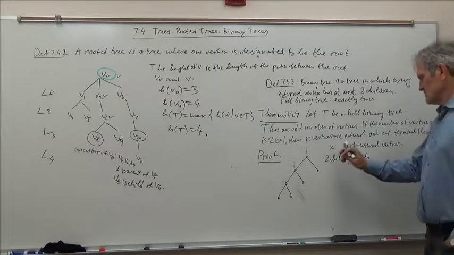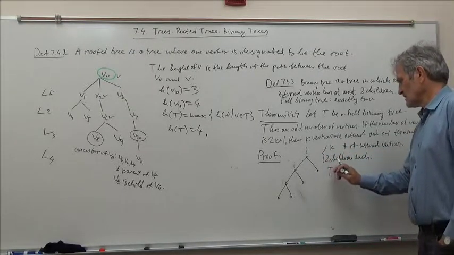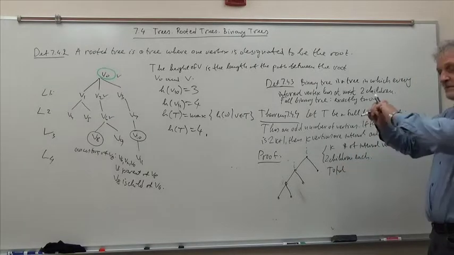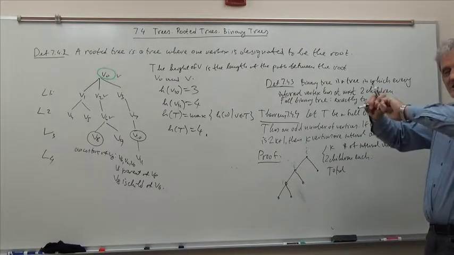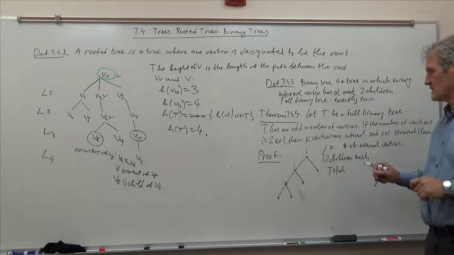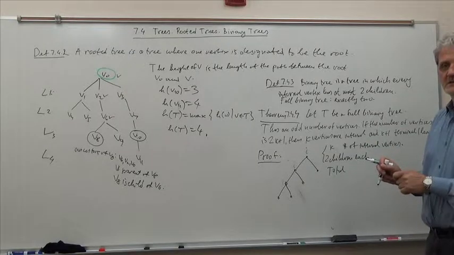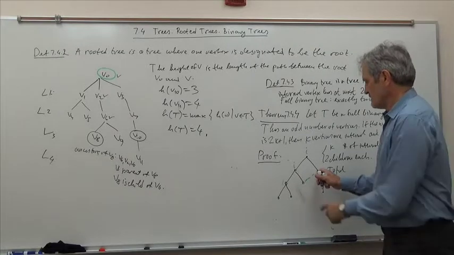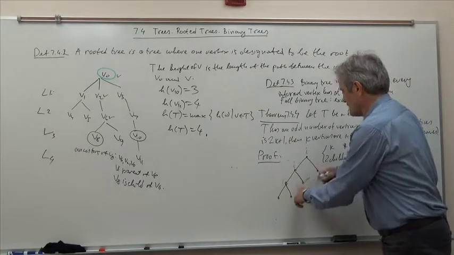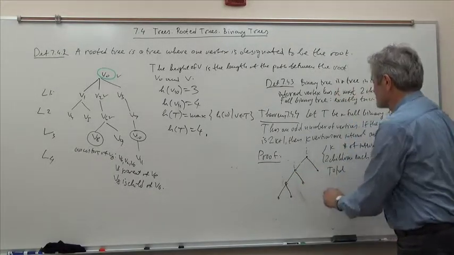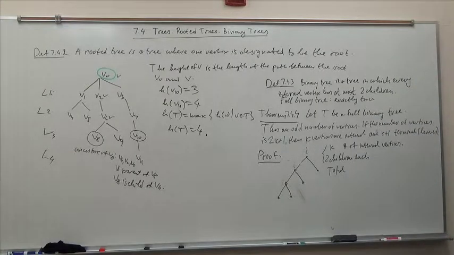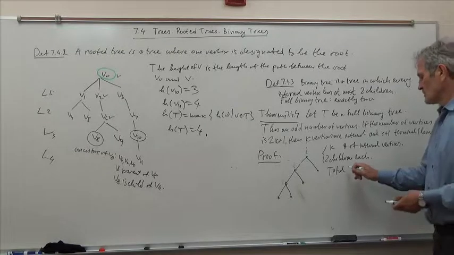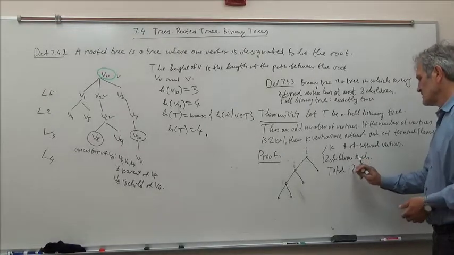And they are not the same, because if two vertices share the same child, then we would have a cycle. So they can never share the same child, so these are different children. According to our counting principle, total 2K children.